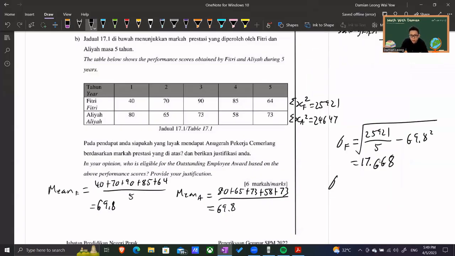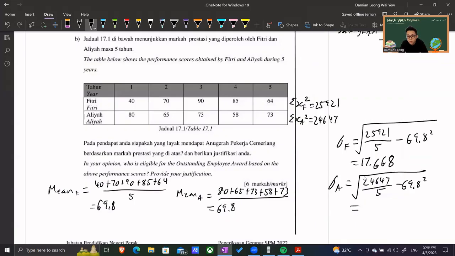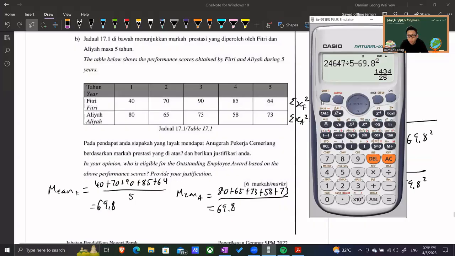That is 17.668. Standard deviation for Alia is similar, but 24,647 over 5 minus 69.8 squared. Then this square root.